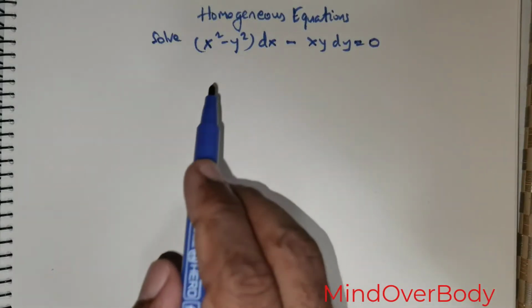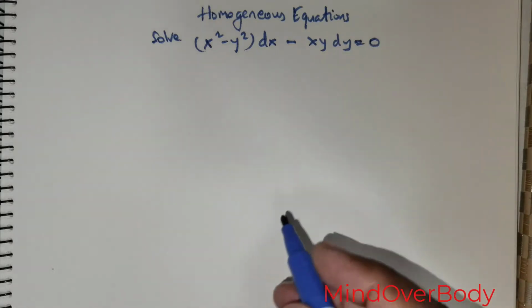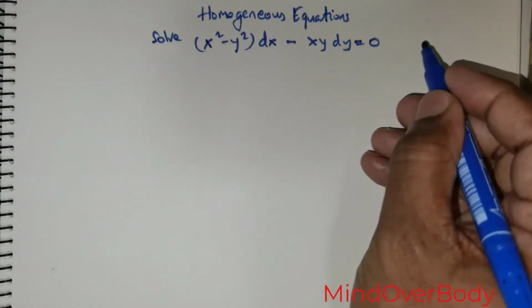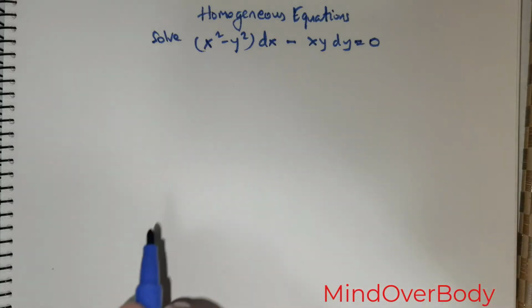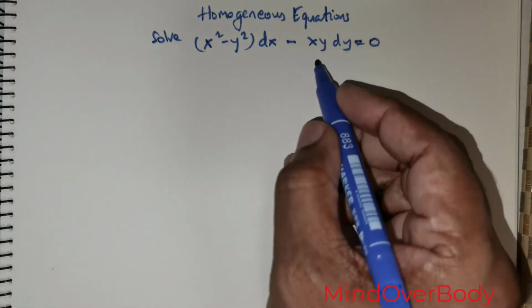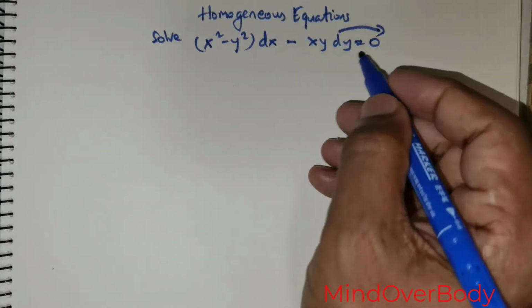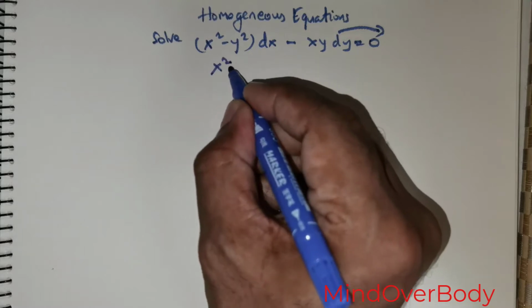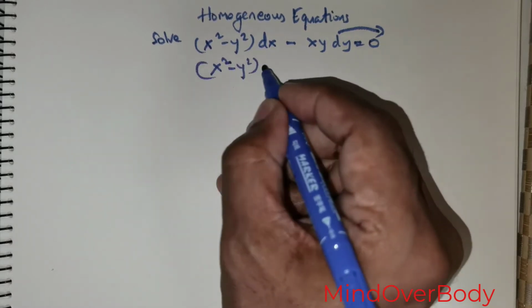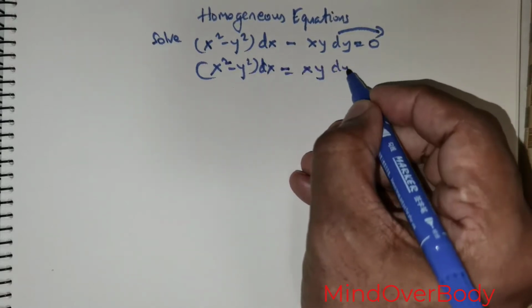Now foremost, what you have to do is write this entire equation with dy over dx featured on the left hand side. So first I will move this onto the right hand side. This gives me (x² − y²) dx = xy dy.